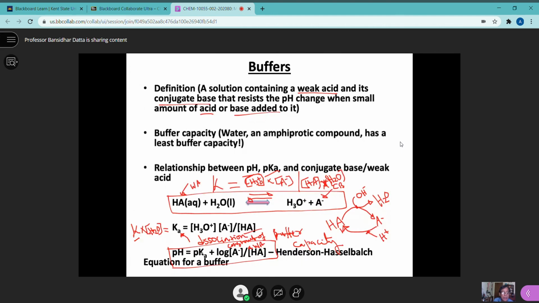This is known as the Henderson-Hasselbalch equation for a buffer. This equation you must remember, because I'll ask a question from this.